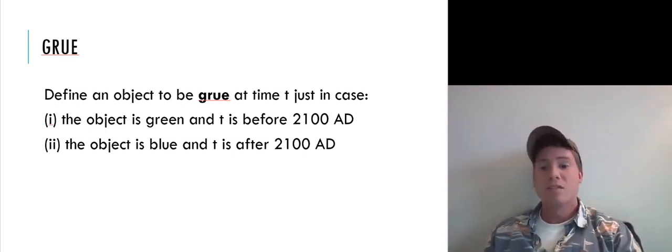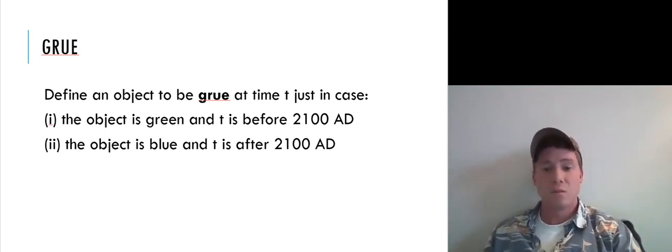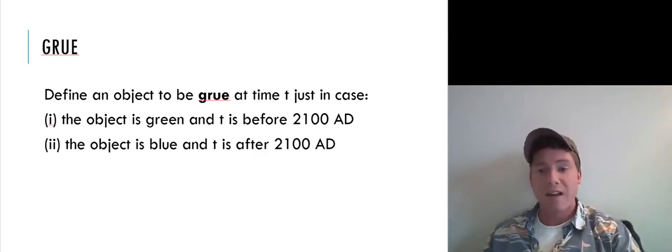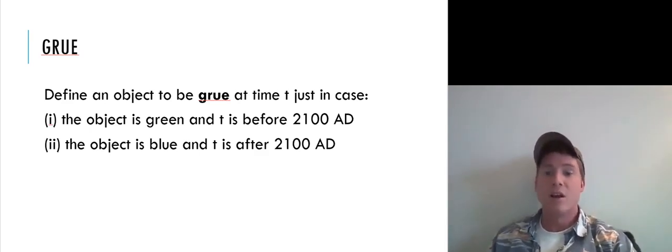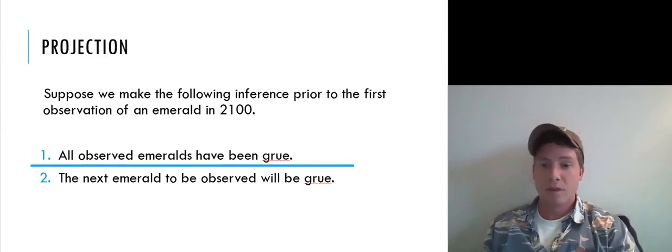Define an object to be GRU at a time t just in case the object is green and t is before 2100 AD, or the object is blue and t is after 2100 AD. So GRU here is a color predicate. Once we know the color of an object at a particular time, and we know the time, we know whether the object is GRU at that time or not.